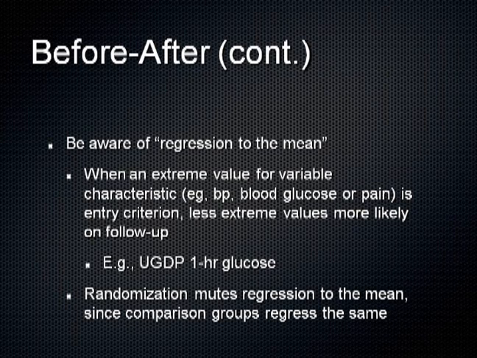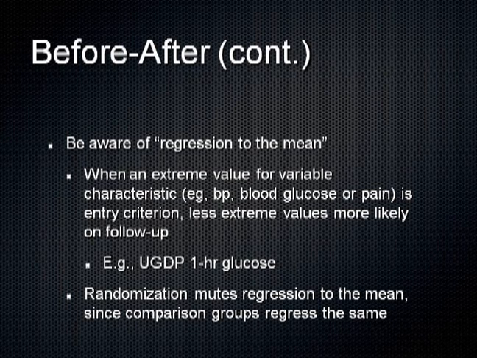It arises from this. When patients are selected for an extreme value, there are two possibilities. That extreme value could be representative of their condition and they're really sick, or they could be drawn from a much larger population of healthier patients who happen to have an extreme value at that time.